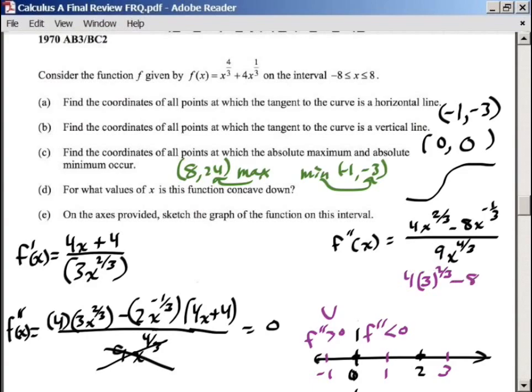Then we have minus 8, and we have a 3 raised to the negative 1/3. And so that negative actually doesn't make it negative, it just makes it into a fraction.